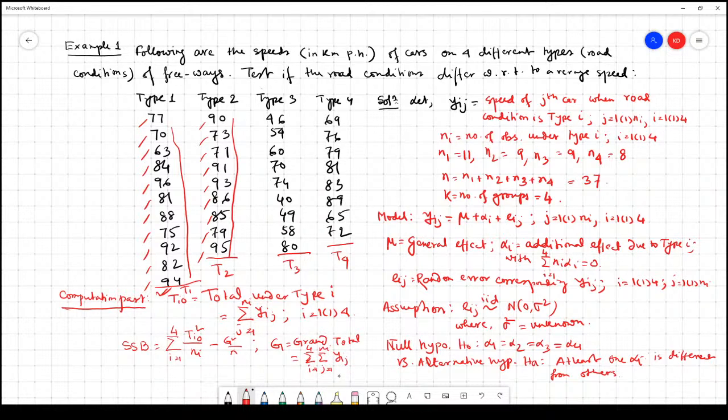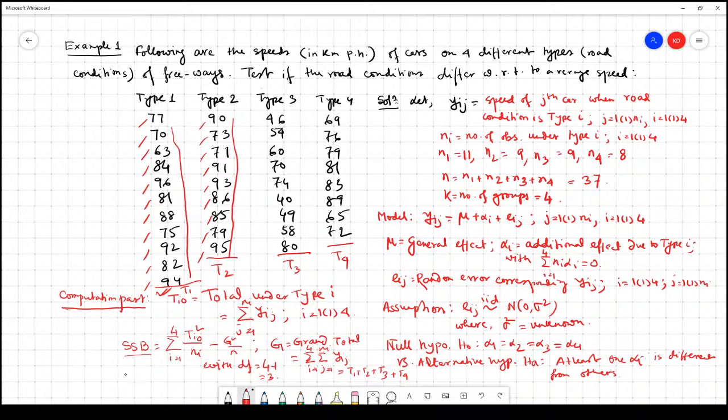So just adding all the Ti's, that is T1 plus T2 plus T3 plus T4, gives the grand total. And n is the total number of observations, which is n1 plus n2 plus n3 plus n4, so here n is 37. Okay, so SSB is this with degrees of freedom 4 minus 1 equal to 3.